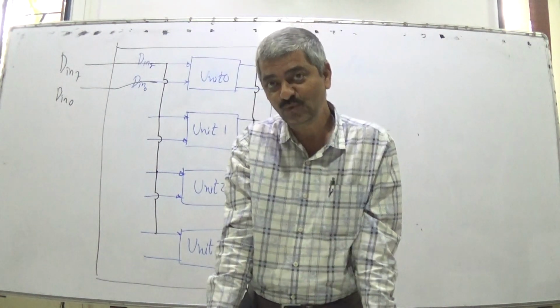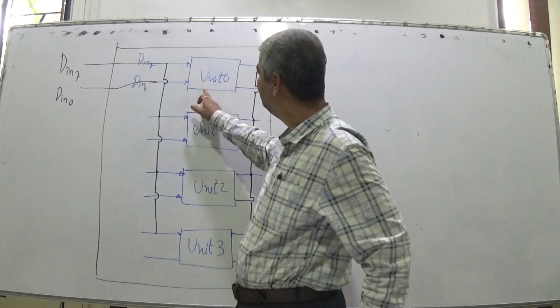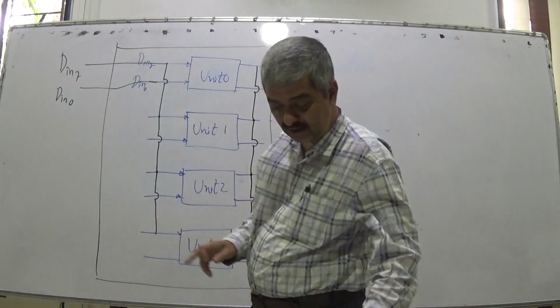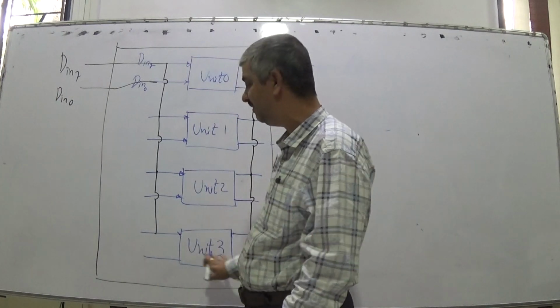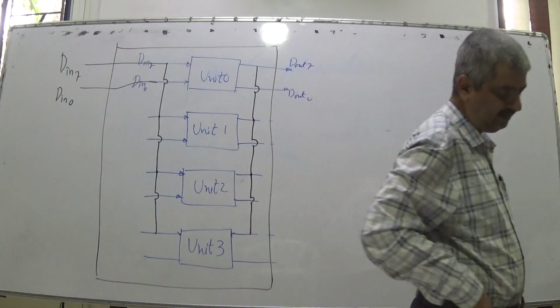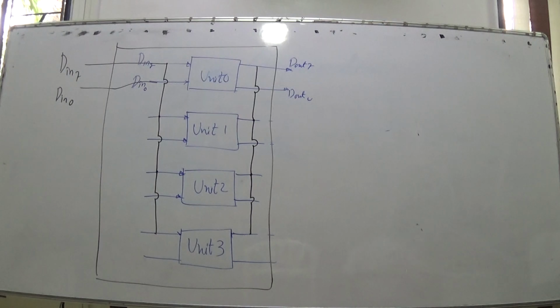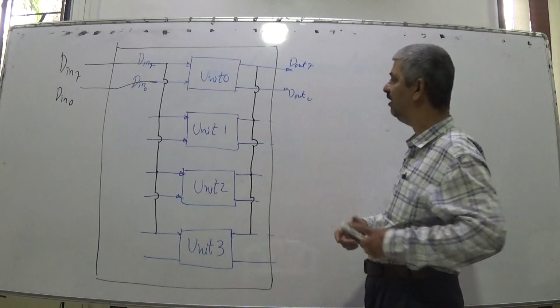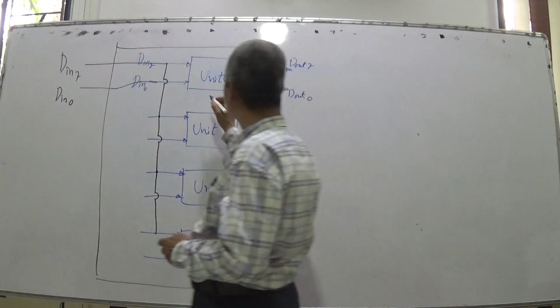So I have got read bar, write bar, read bar, write bar, read bar, write bar, read bar, write bar. Each unit has 8 data lines input, 8 data lines output, 1 read bar, 1 write bar. The input lines are combined. These are the overall data in lines. These are the overall data out lines. Now, what about read bar?